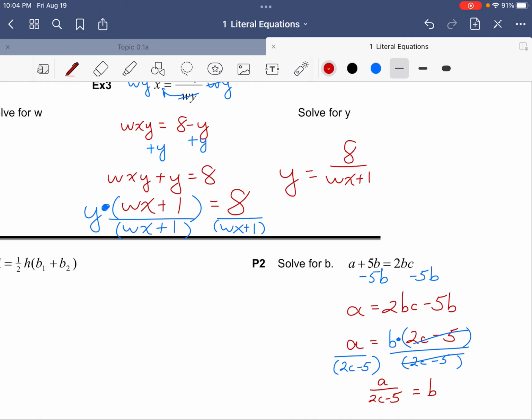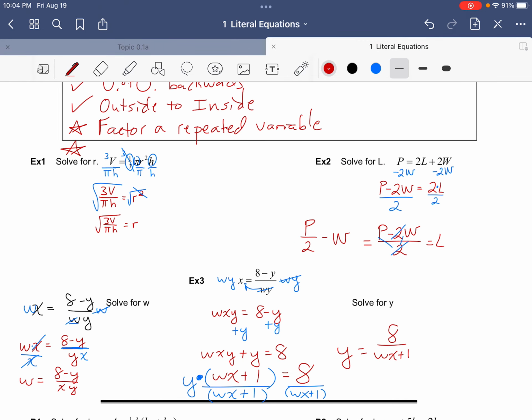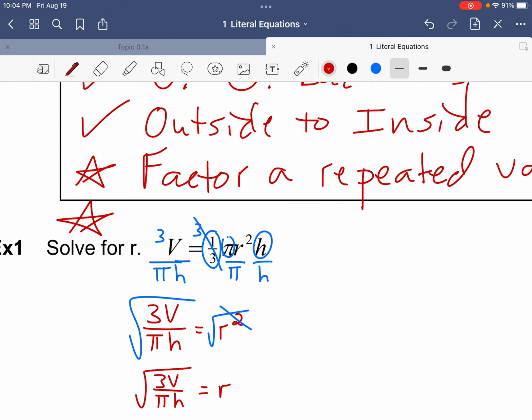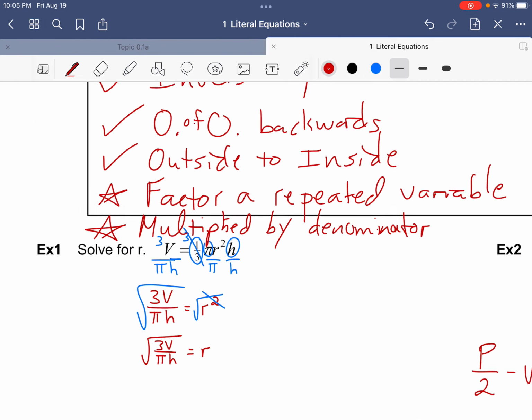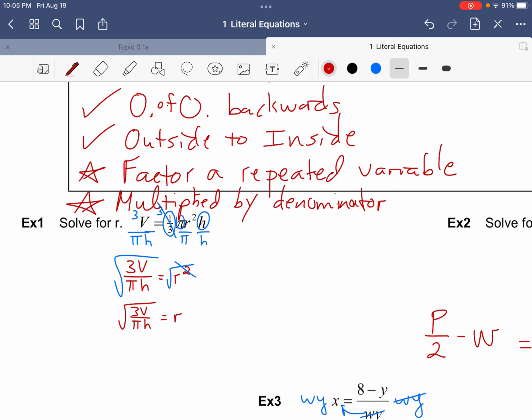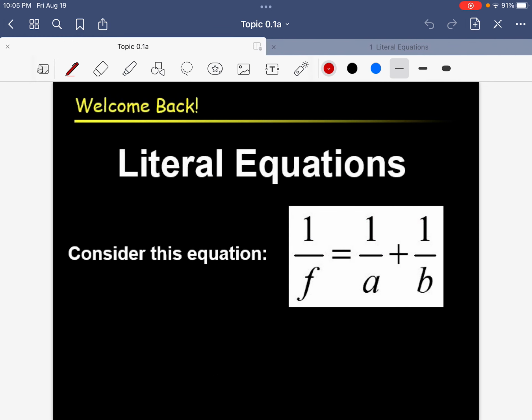What we've done, at least a few times, is we have multiplied by the denominator. Sometimes we've multiplied by the whole denominator, sometimes we've multiplied by just part of the denominator. But it ends up being a good idea, at least something to think about when you have fractions.